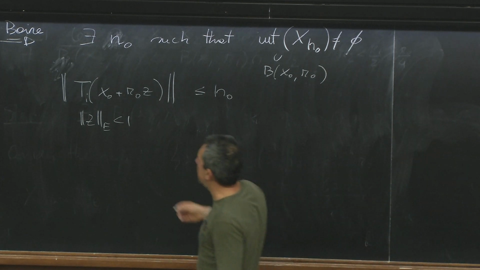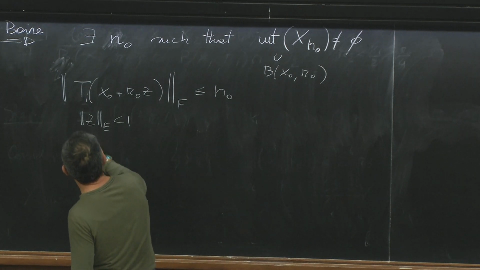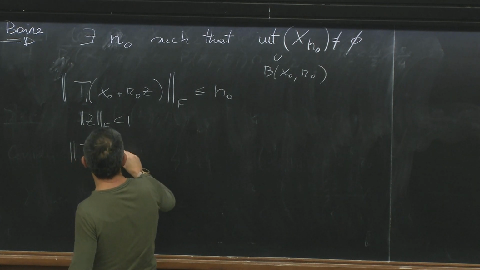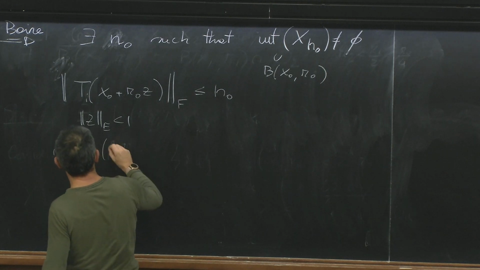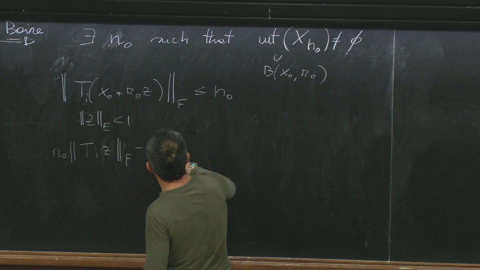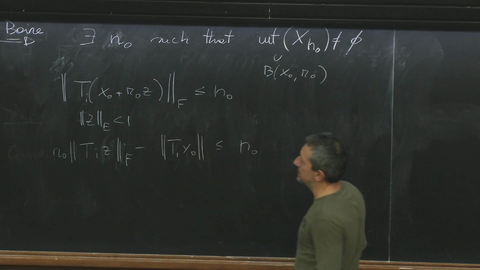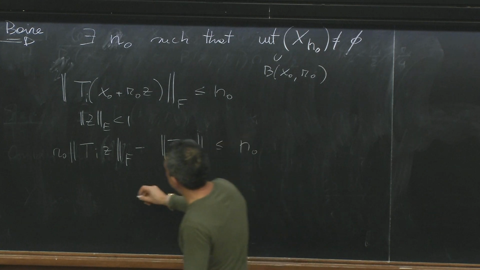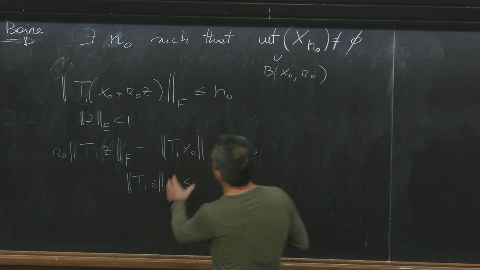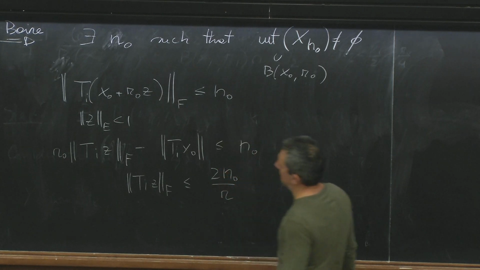Okay, and then I just apply the triangle property of the norm. So what I get is that the norm of T_i r_0 z, let me put the linearity, minus the norm of T_i x_0, so what I get is that the norm of T_i z is less or equal, this guy is again in the ball, so it's less than 2 N_0 over r_0.